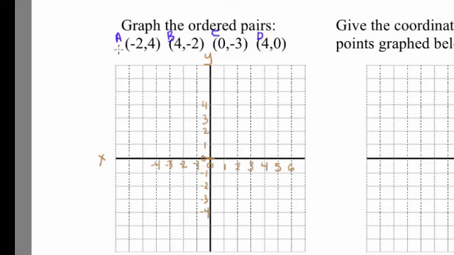I've labeled the points A, B, C, and D for easier labeling. When we're graphing ordered pairs, you have the x-coordinate first and then the y-coordinate. So go to the x-axis and find -2. Go to the y-axis and find 4, and then pretend you're playing Battleship. It's that intersection point.